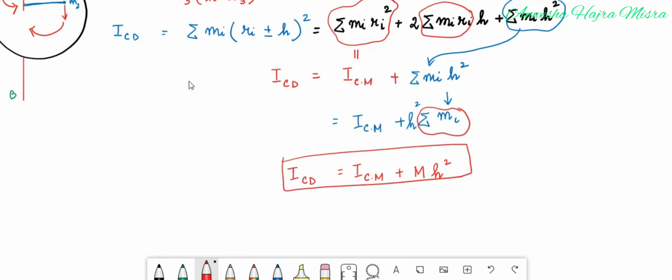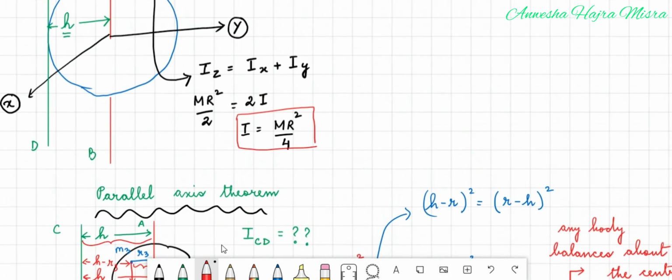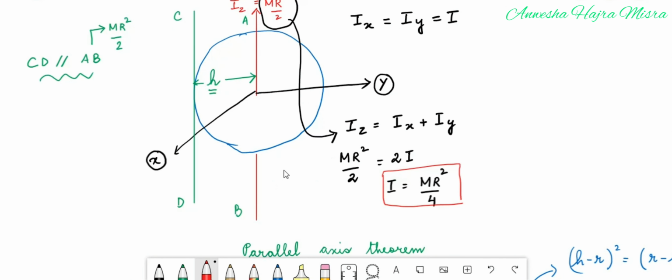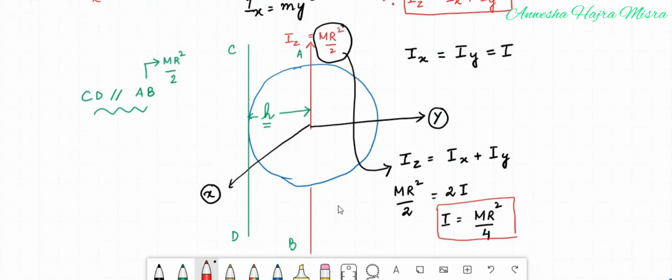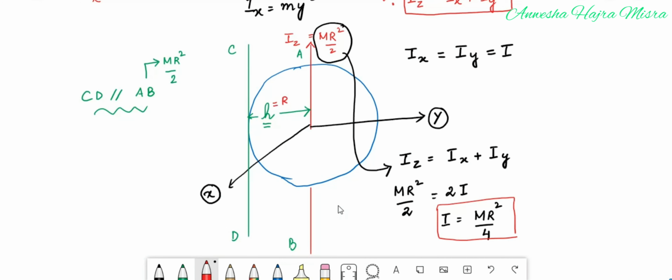So we come back to the sum which we were trying to do. We were trying to find out the moment of inertia of the disk about the CD. Now this h is actually equal to R over here.